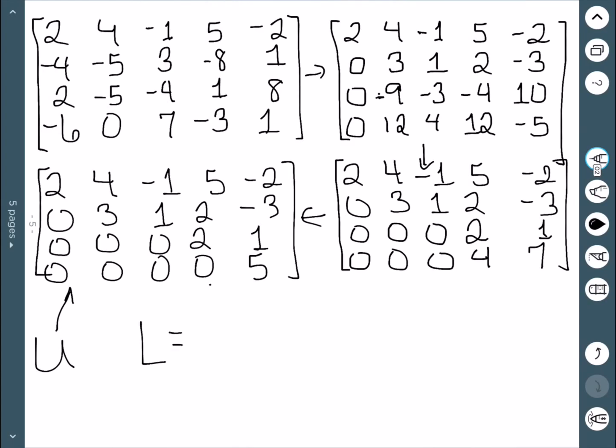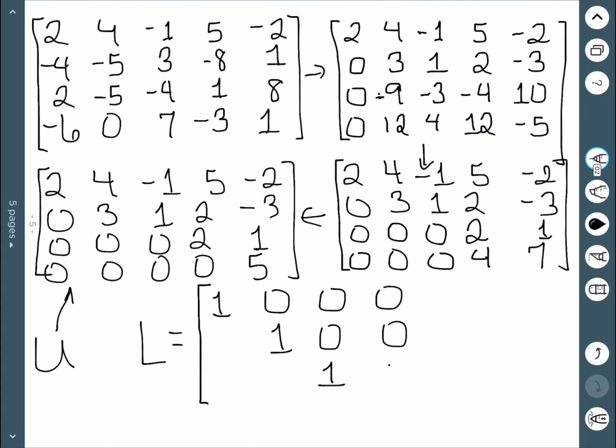To find L, in this case, L would be 4 by 4 because it's determined by the number of rows in the original matrix. It's lower triangular with 1s on the diagonal, so we can already fill in part of it. And now we need the same sequence of row operations we just used to give us the identity if we apply them to L. So essentially, the first thing I did was 2 row 1 plus row 2, so I'm going to make this a minus 2. I did negative row 1 plus row 3, so I'm going to make this a plus 1.